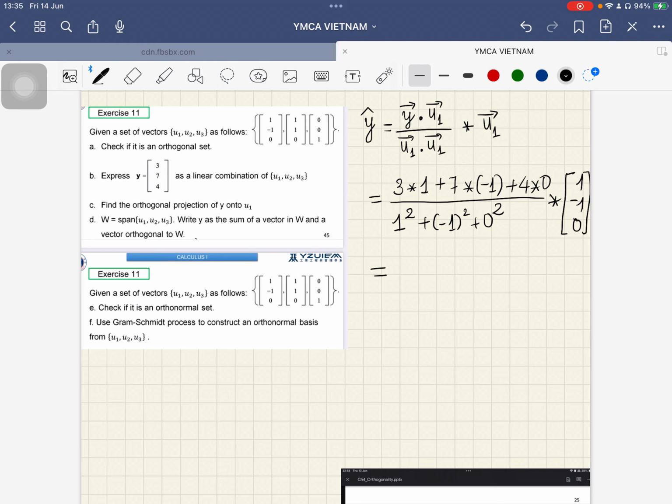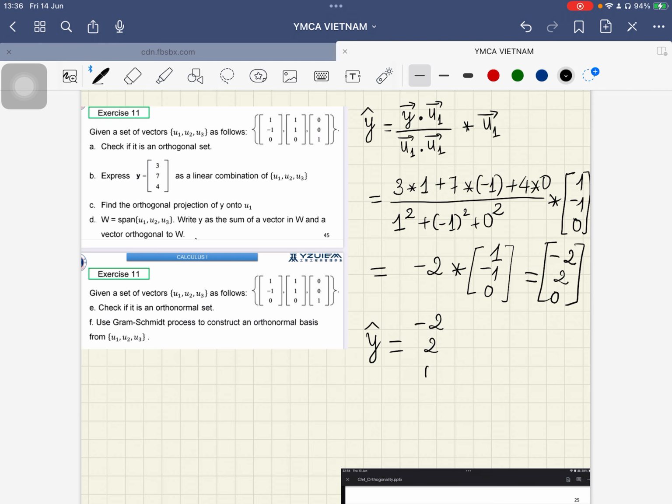And we have here -2 multiplied by 1, -1 and 0. So we will have it equal to -2, 2 and 0. So y hat, or the orthogonal projection of y onto U1, is equal to -2, 2 and 0.